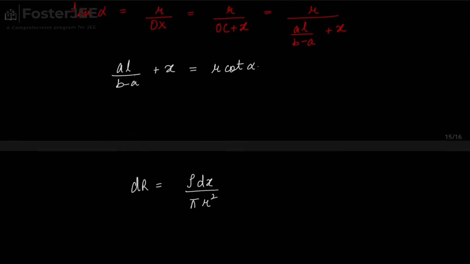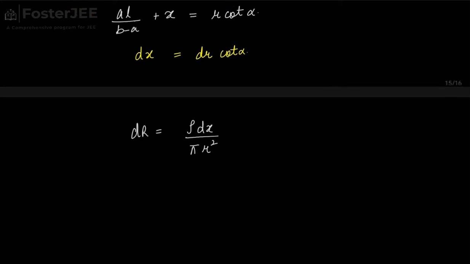How we will calculate the value of dx is that we will differentiate this equation and we will get 0, because this whole term is constant. So differentiation is 0. 0 plus dx equals dr cot alpha. Since cot alpha is also constant, in place of dx we can write dr cot alpha.